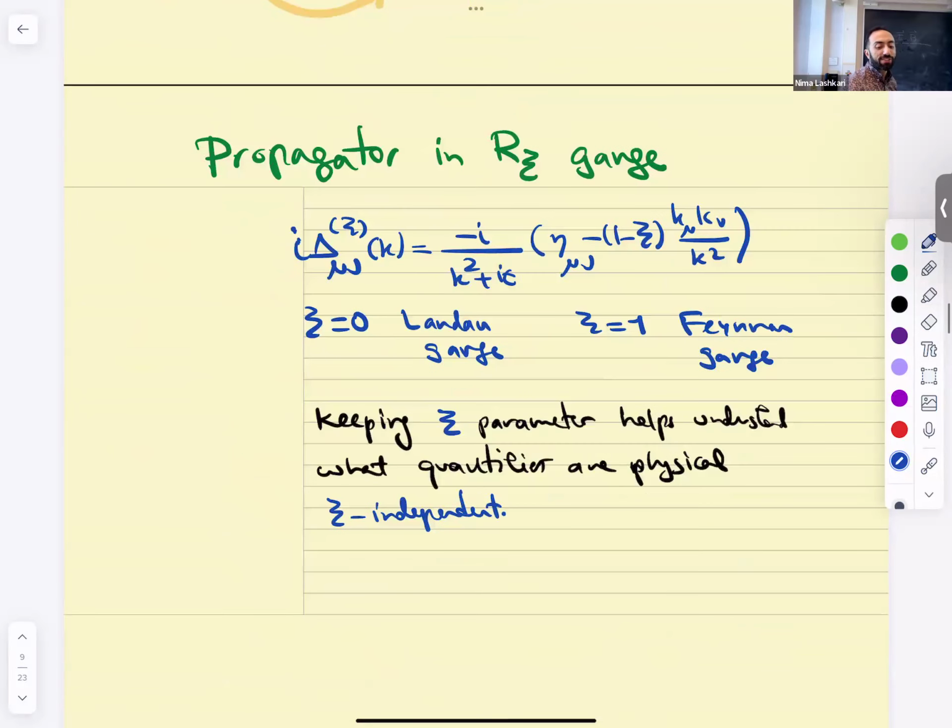Last lecture we talked about the propagator in the R-xi gauge. By the way, when did we do the R-xi gauge? I couldn't remember. Was it QFT1 or 2? QFT1, the last part, loops. We're looping. Okay, good. Just to remind you, it's a gauge that we introduced. There was a free parameter xi in there, and the propagator in this gauge had this form, -i over k squared plus epsilon.